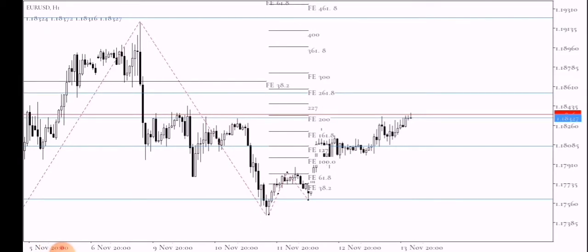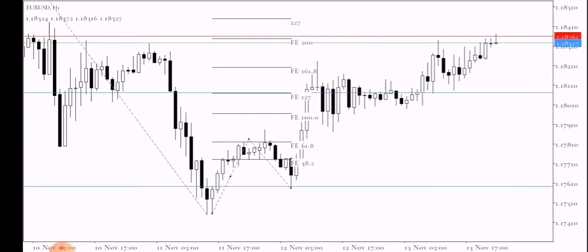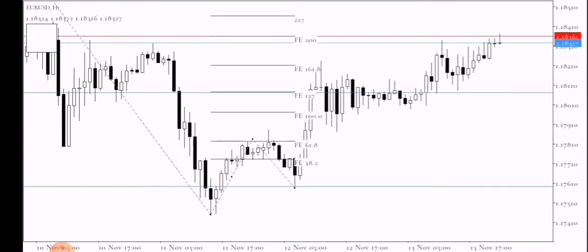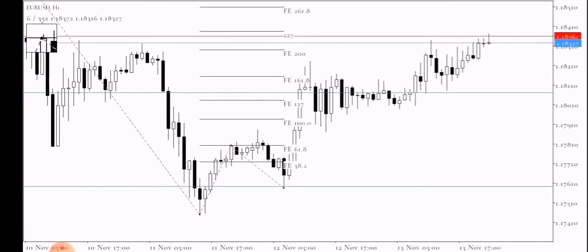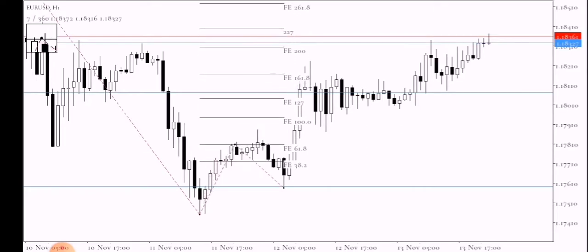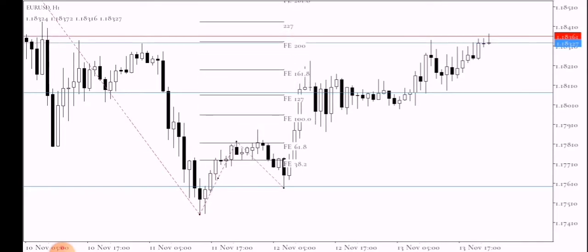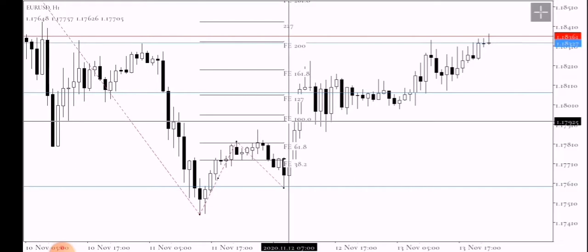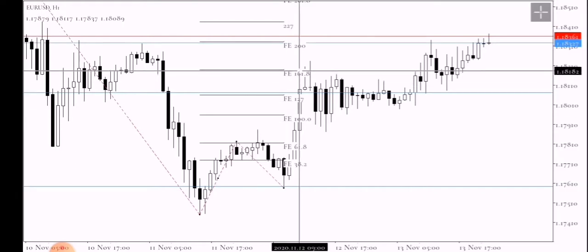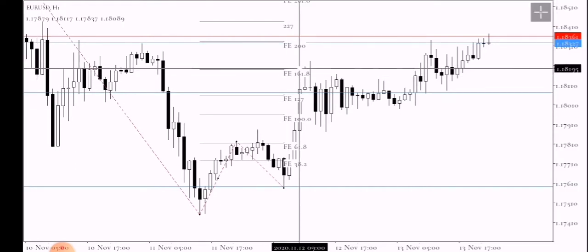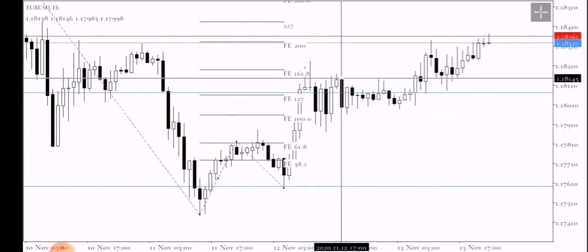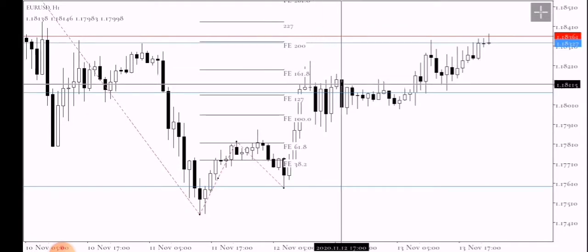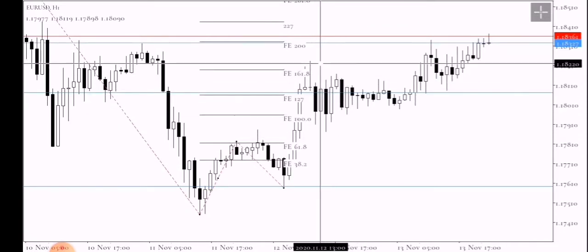I'm going to zoom in a little bit and set that up very nicely for you. There we go. As you can see, the third wave ended a little bit over the 161.8. So in Elliott wave terms, we have reached our zone basically for the third wave.